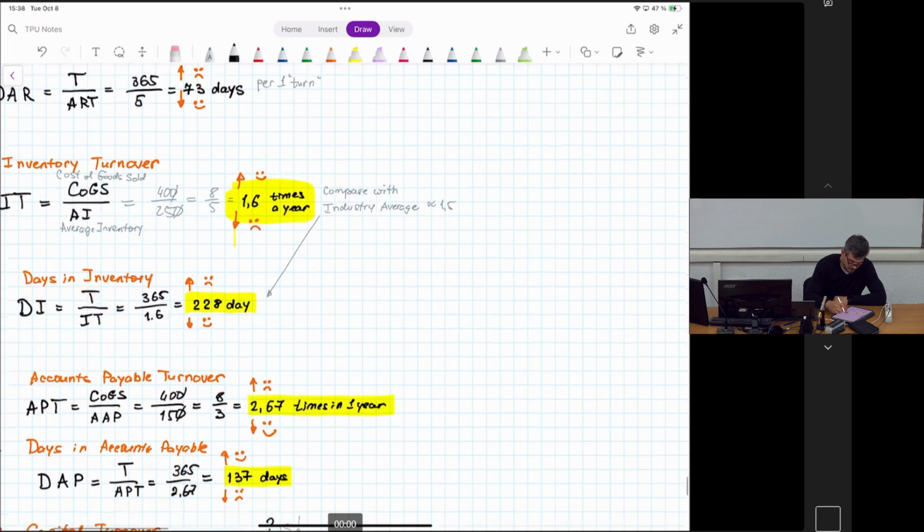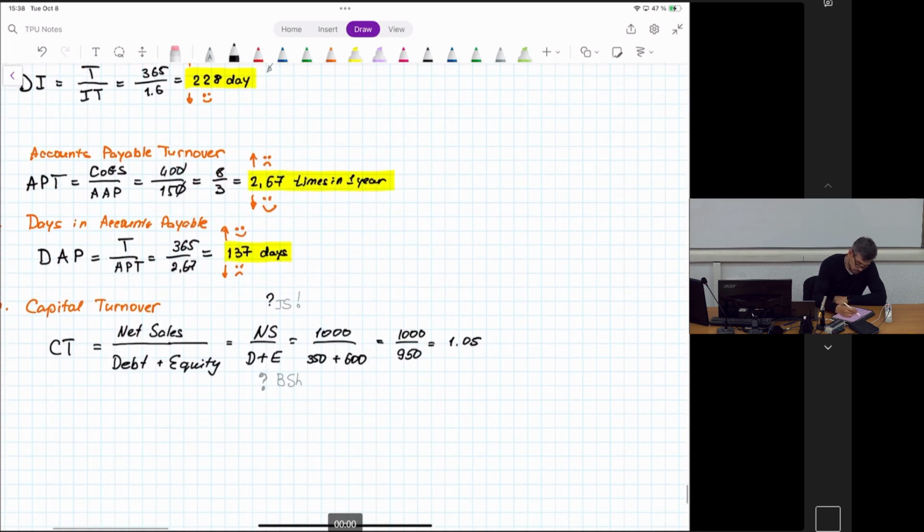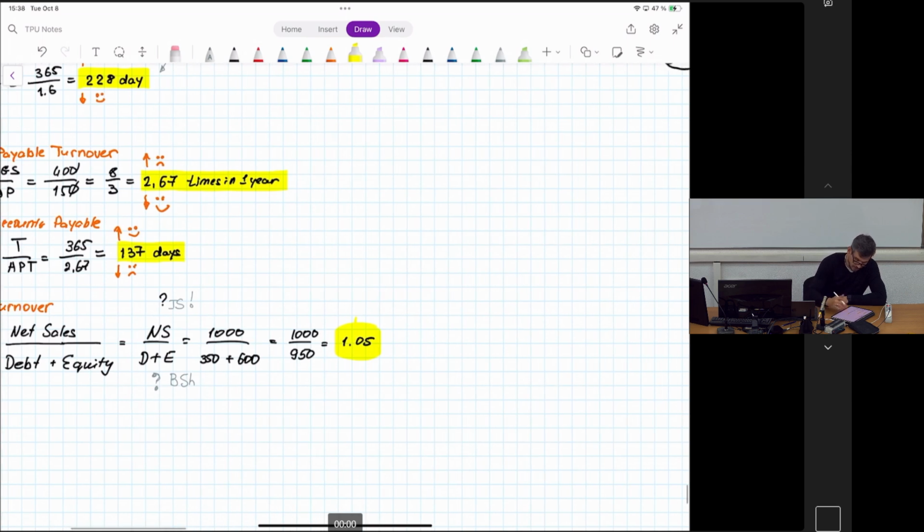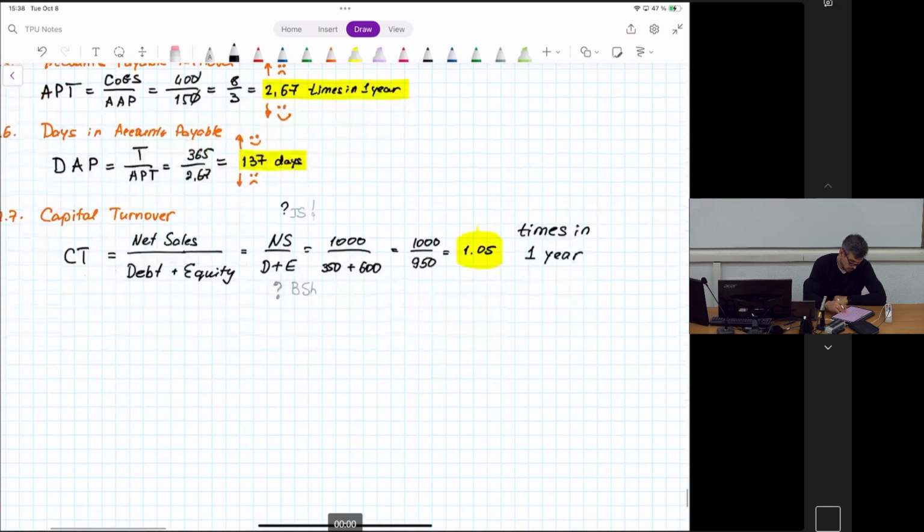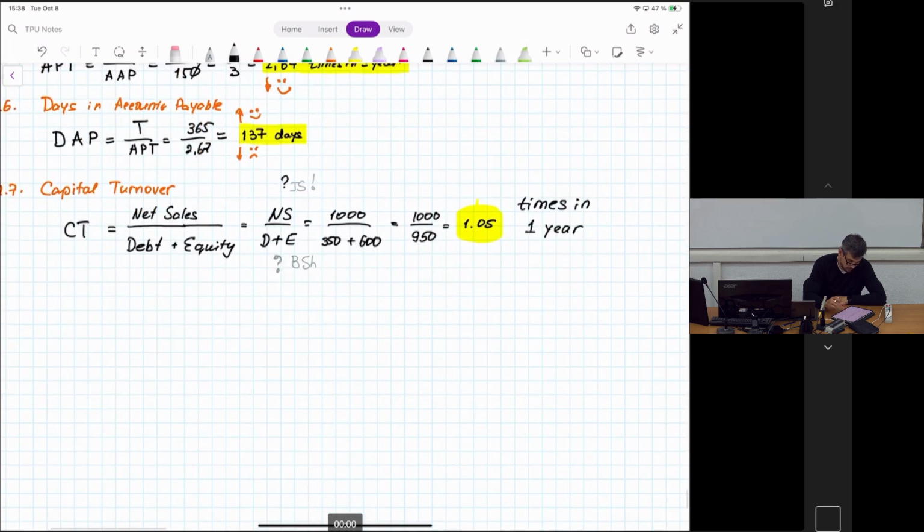It means that we are able to turn our capital over into sales 1.05 times in one year, in our case. In one period, but this is one year. So this is our capital turnover.